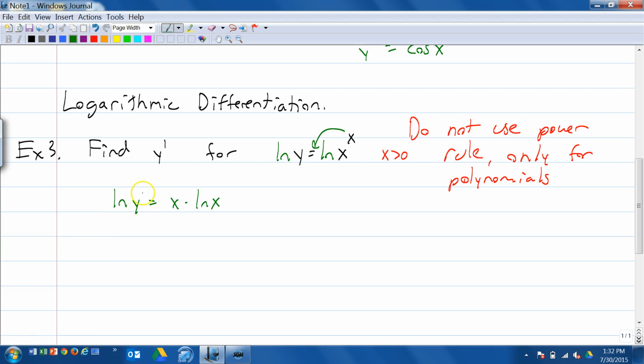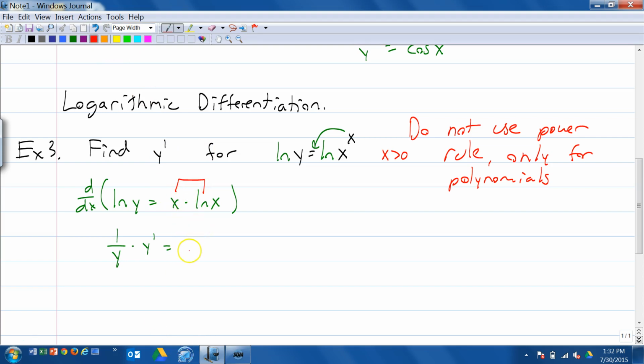So the natural log of y, the derivative of this, so we're going to take the derivative of the whole piece. Derivative of that is 1 over y times the derivative of y, which is y prime, equals this. We're going to have to do a product rule because there's two things being multiplied.